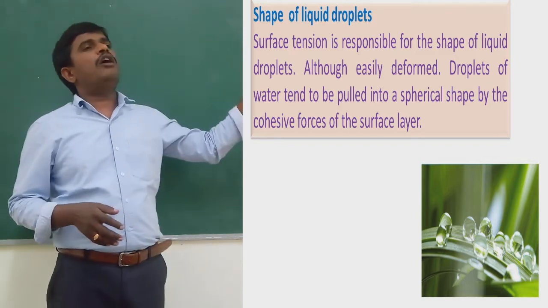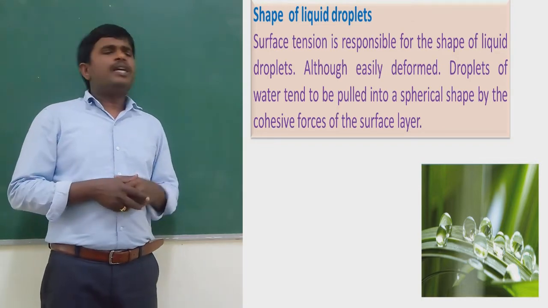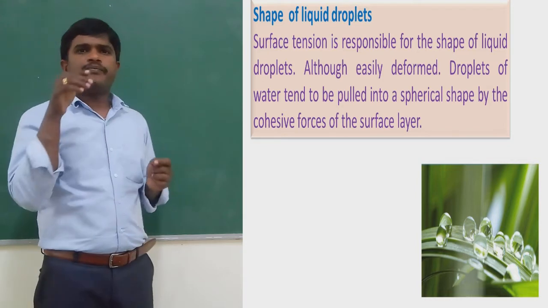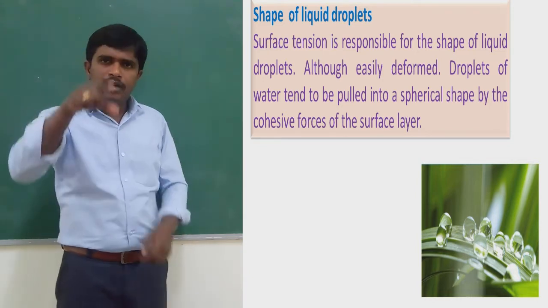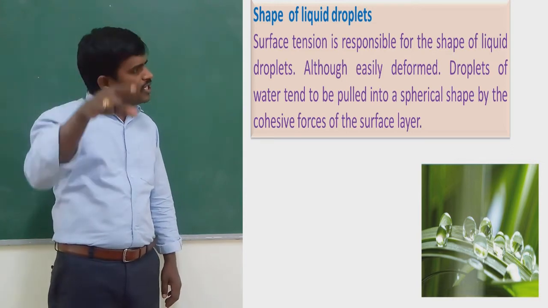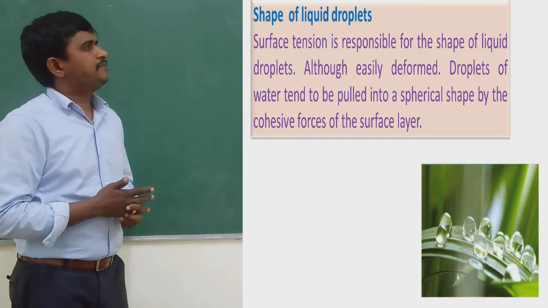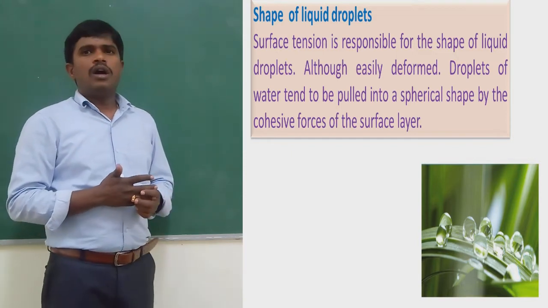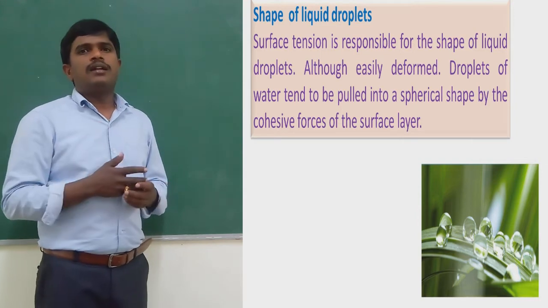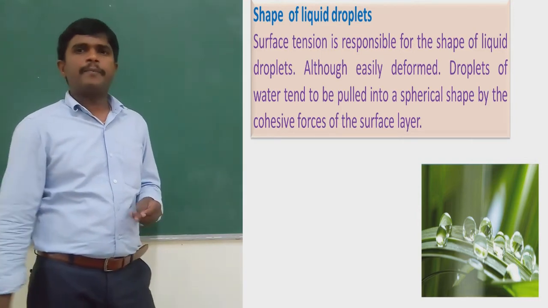Although these droplets can be easily deformed, droplets of water tend to pull into a spherical shape by the cohesive forces of the surface layer. This is the third example for surface tension.